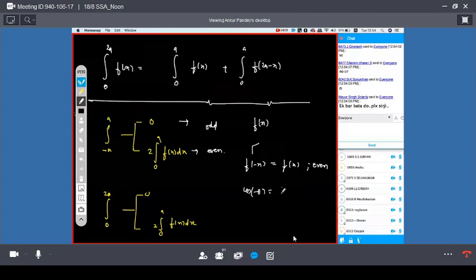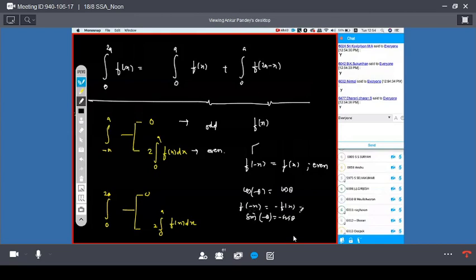Cosine of minus theta is equal to cos theta, right or not? So it's an even function. Whereas sine of minus theta is minus sine theta. That is it. F of minus x is equal to minus f of x. Got it? So if the function is odd, it goes like this, directly 0. If a function is even, then a little variation is there.